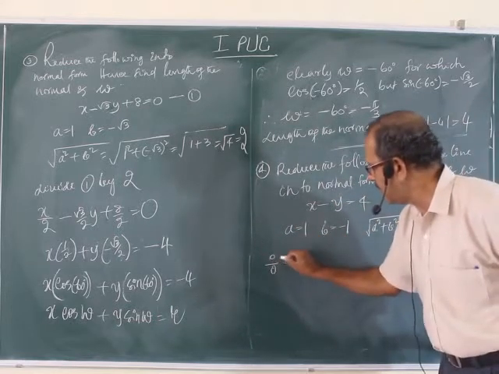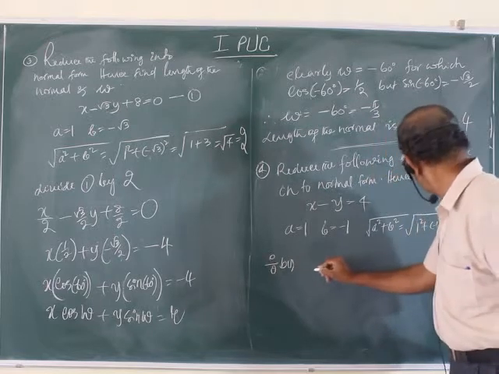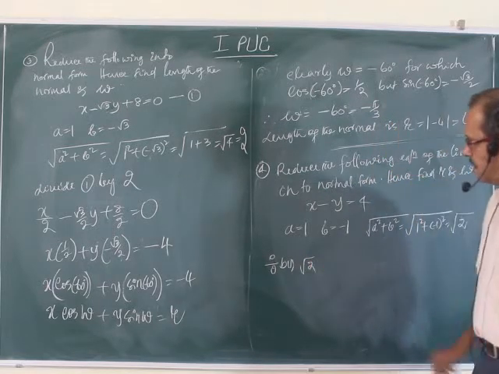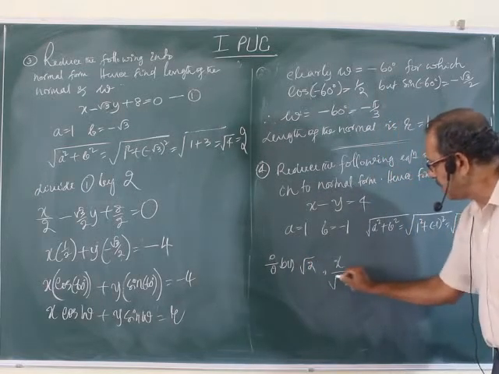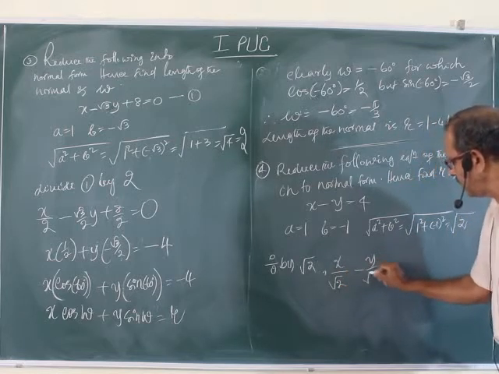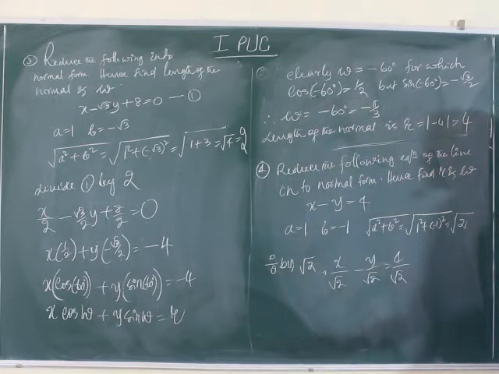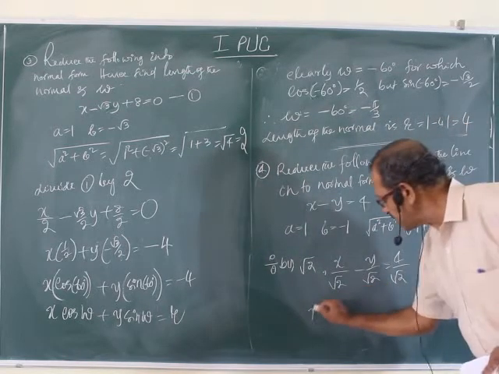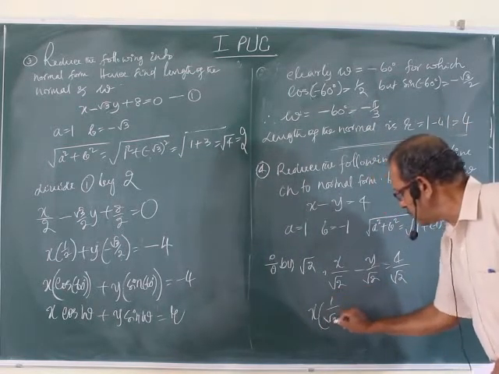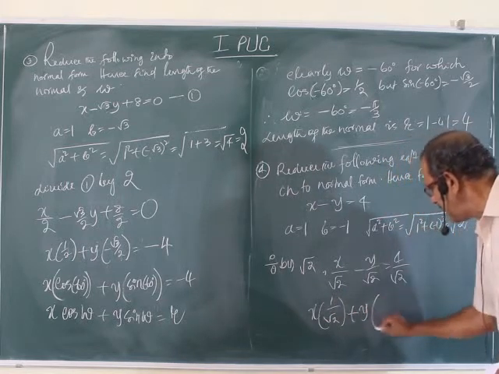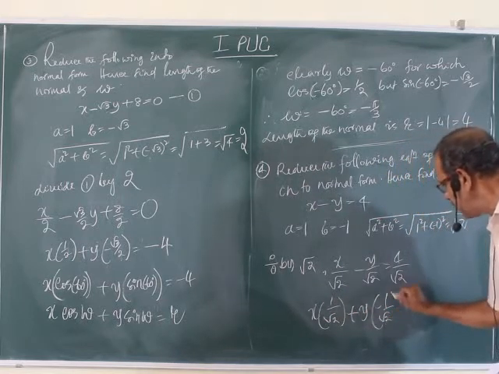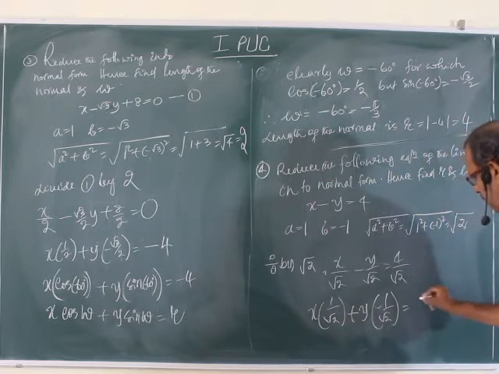Divide throughout by root 2. What you get? x by root 2 minus y by root 2 equal to 4 by root 2. That is, x into 1 by root 2 plus y into minus 1 by root 2 equal to 4 by root 2.